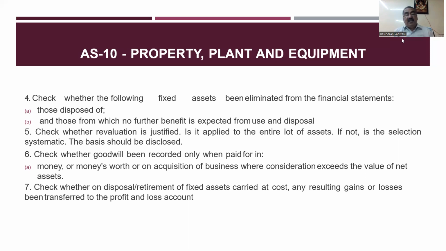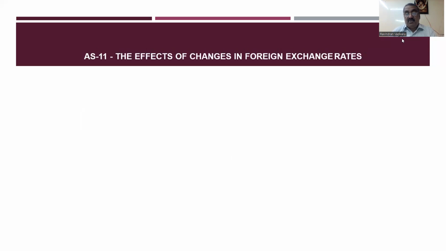Whether that is included in the profit and loss account. And in case the value you receive is less than the WDV, it's a loss to the unit. Whether the same is reflected in the P&L account, the practice unit has to see whether the company has included those things in its profit and loss account.